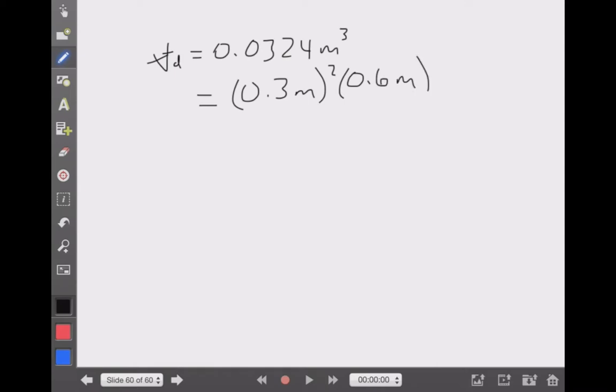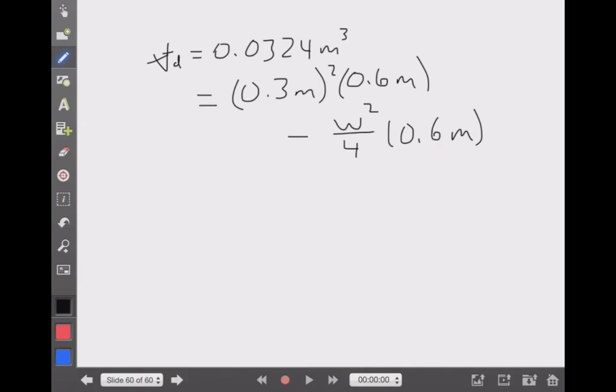And that's the original volume, the total volume of the block. But the book throws this value out, and then also times the length, which is 0.6 meters. Now, where did that come from?